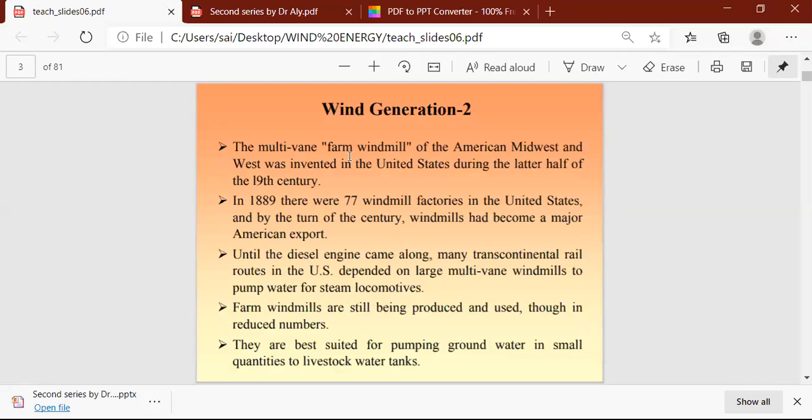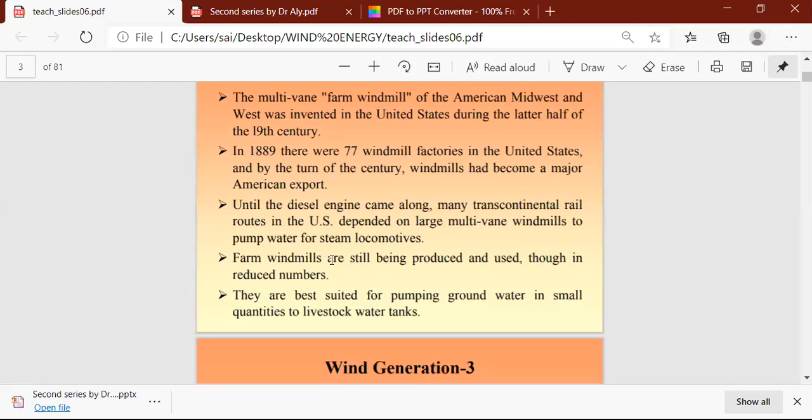The multi-vane farm windmill of the American Midwest and West was invented in the United States during the latter half of the 19th century. So this is all about the history part, that different persons developed different forms of wind turbine. In 1989, there were 77 windmill factories in the United States. So this is all about wind generation history.